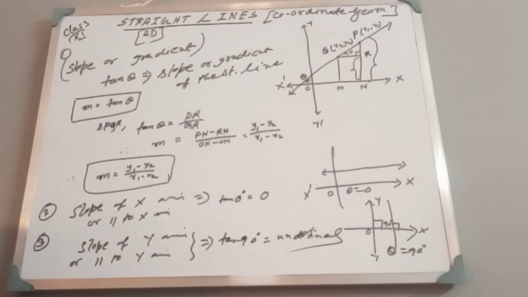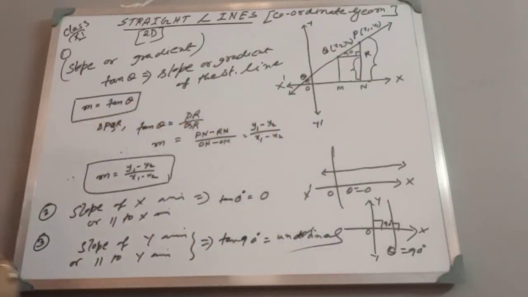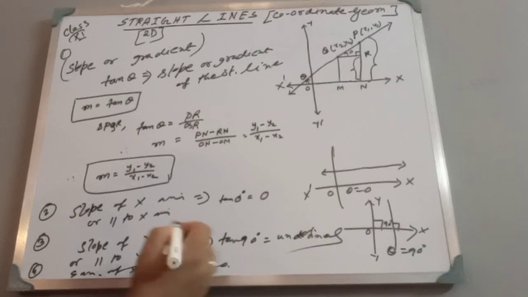Now, the different forms of the equation of a straight line. We know equation of x-axis. Now, part 3 is equation of x-axis. Equation of x-axis, we know, implies y equals to 0.